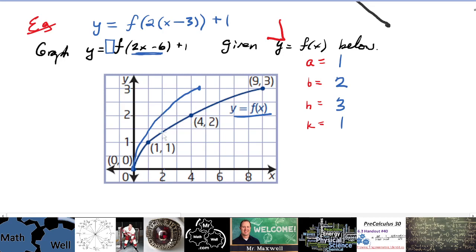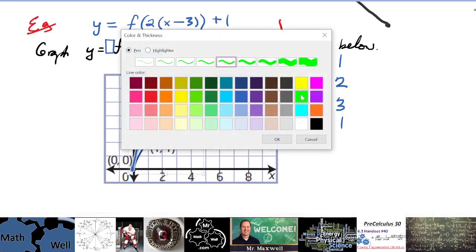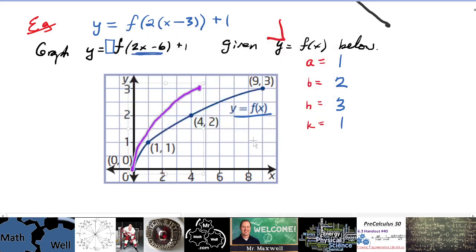That looks like a 2 there. The 1 here, remember we're dealing with the x values, should be going to 1/2. That looks about right. And 0 times 1/2 is still 0. So this is my first stretch. And I'll change that to, let's say, purple. It's just a little bit different than the blue.